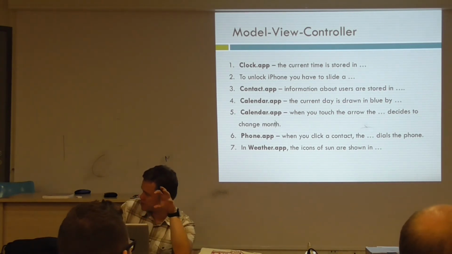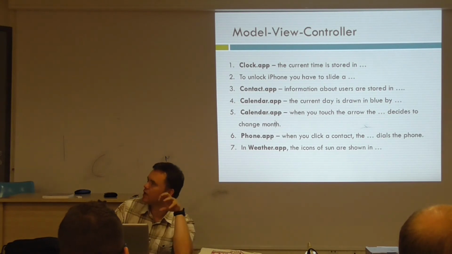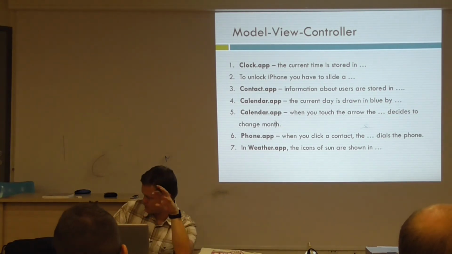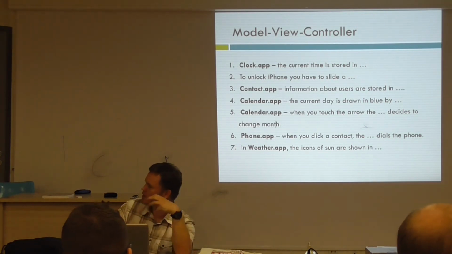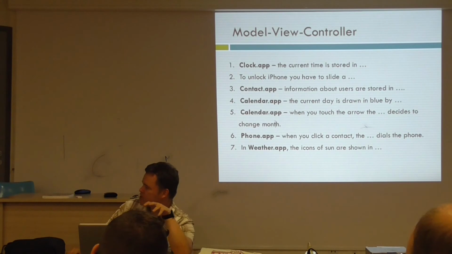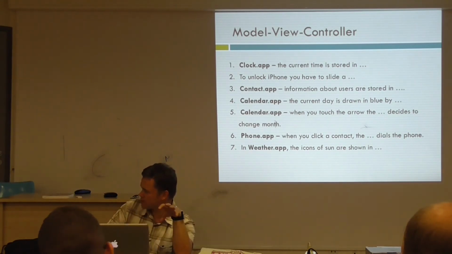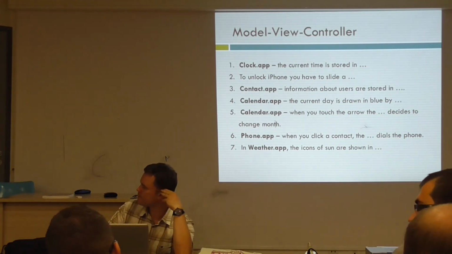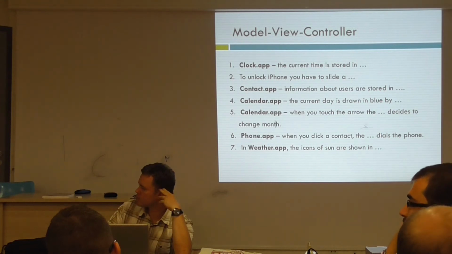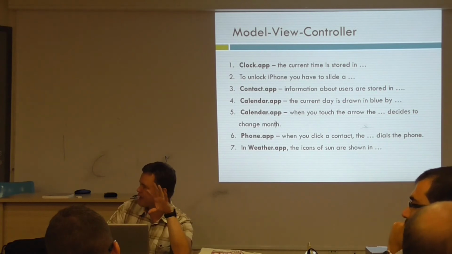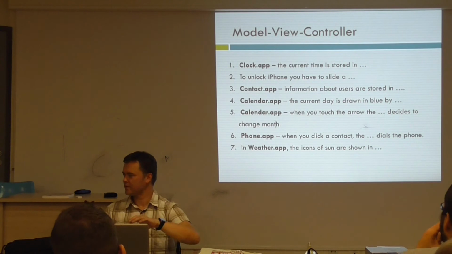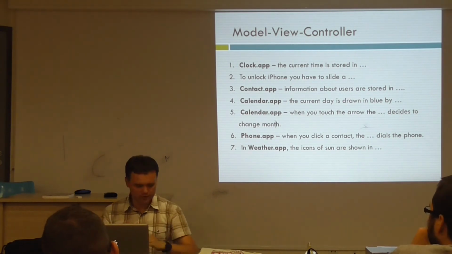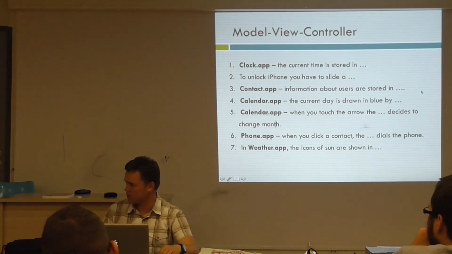But we can associate it, so we can connect this structure with event handling by adding an action listener to this button. Okay? But the functionality of it is done by controller. Okay.